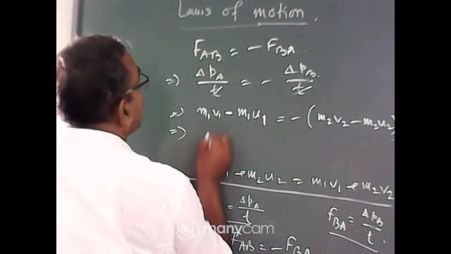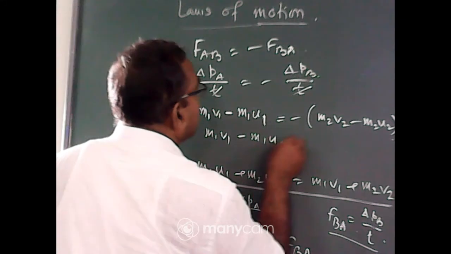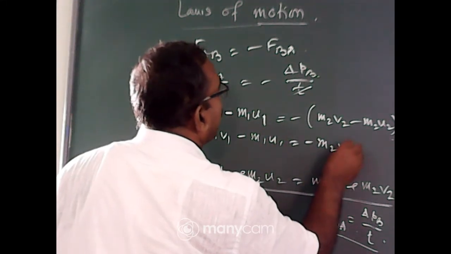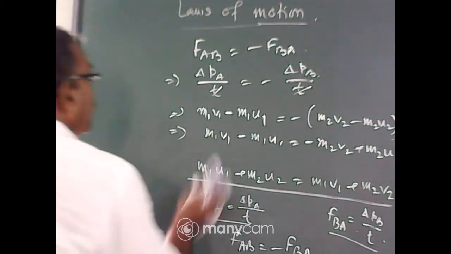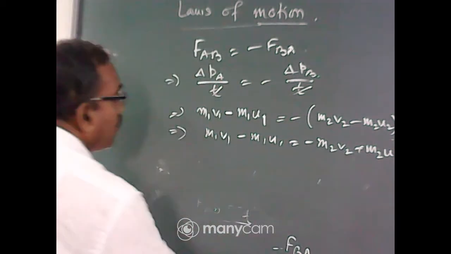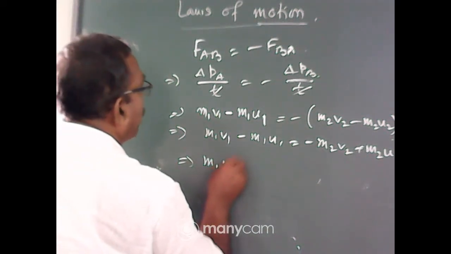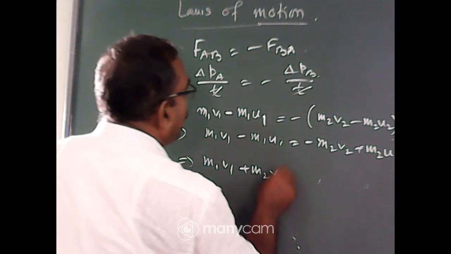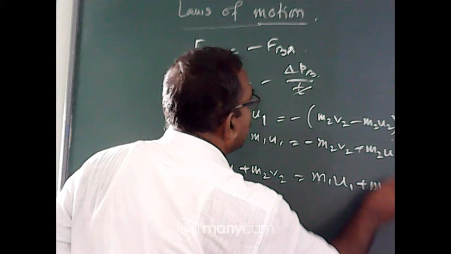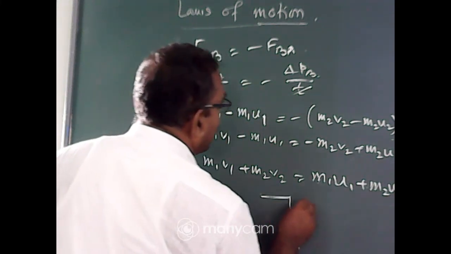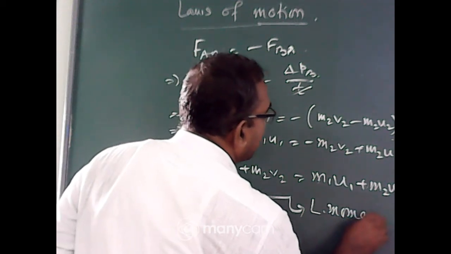That means m1 v1 minus m1 u1 equals minus m2 v2 plus m2 u2. Okay? So, you see here, m1 v1 plus m2 v2 equals m1 u1 plus m2 u2. This is the conservation of linear momentum.